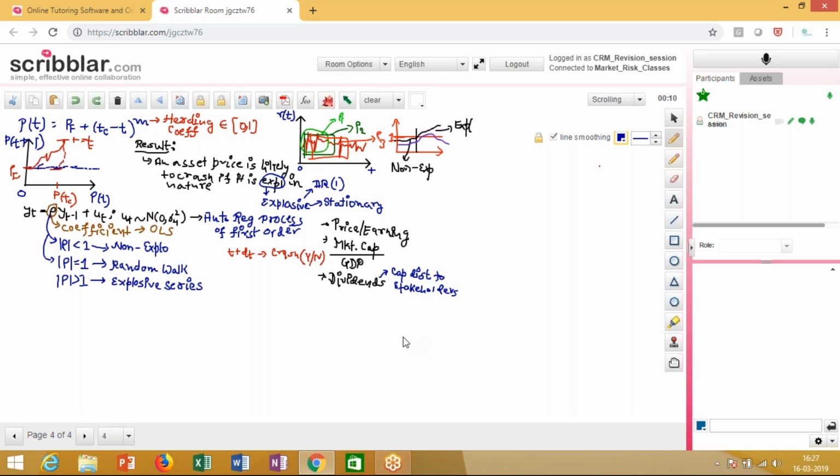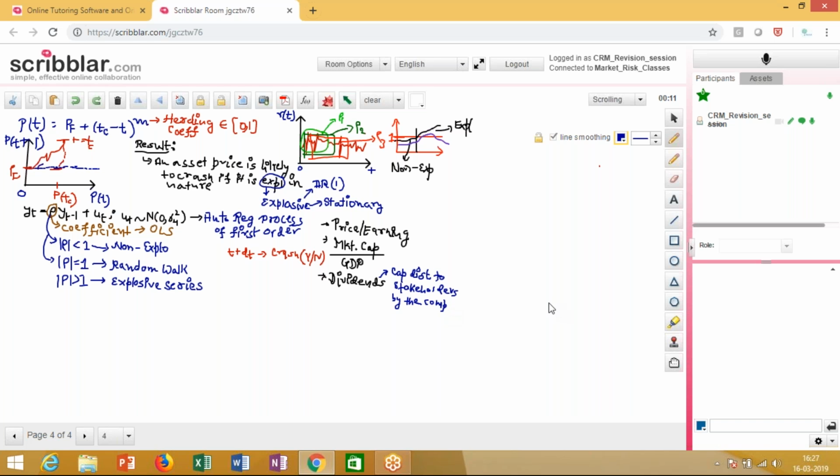Capital distributed to stakeholders, or let's say the equity holders, by the company.